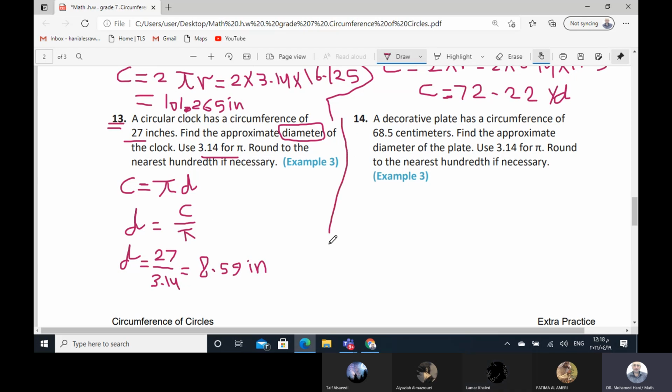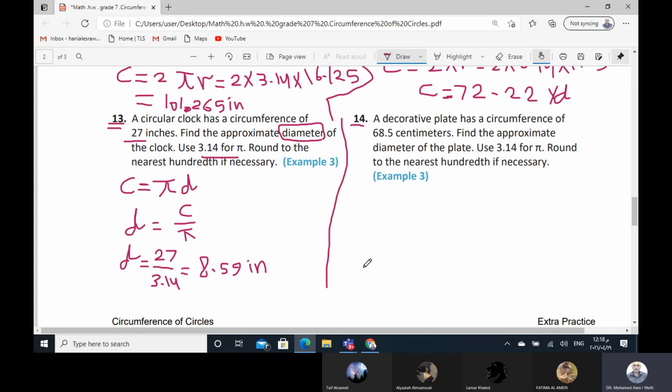Okay, Aliazia, can you read number 14, please? Yes, Mister. A decorative plate has a circumference of 68.5 centimeters.